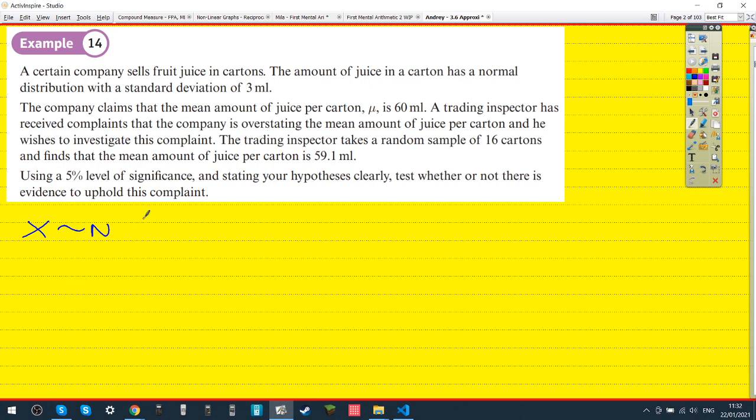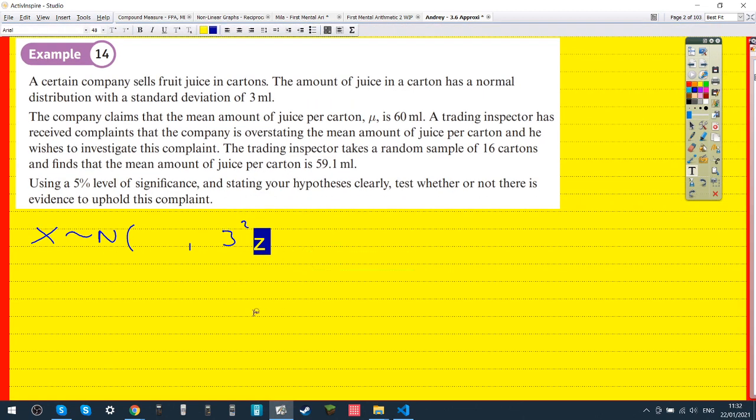So it's normally distributed. It's usually 3 squared, this thing.